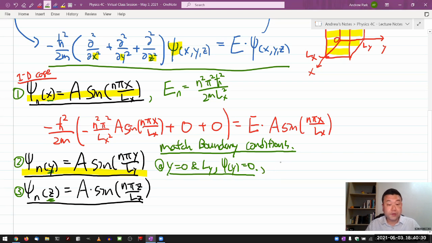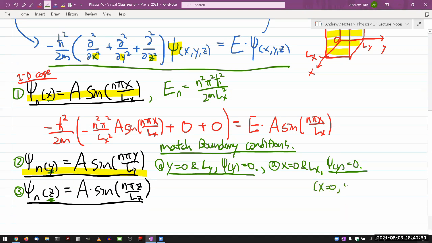That's one of the boundary conditions. But the other boundary condition is at x equals 0 and at x equals L sub x, my psi of y has to be equal to 0. And that cannot be satisfied. For example, take the point where x is equal to 0 and y is equal to L sub y over 2. Then this sine of y is going to give you 1.